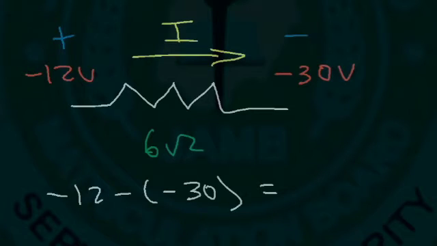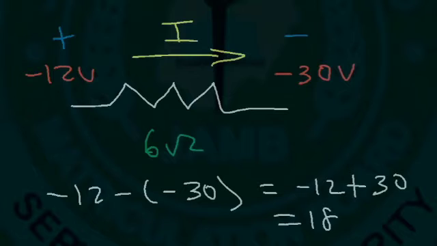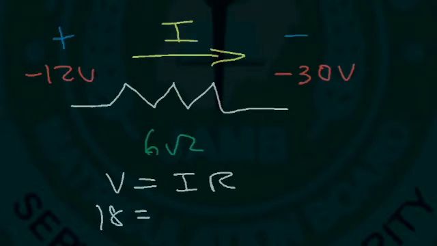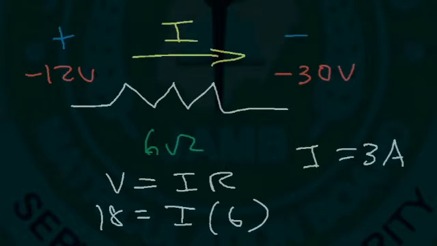Whenever you have two negative signs next to each other, it changes to a positive sign. So this is negative 12 plus 30, which is 18. So using Ohm's law, V equals IR. The change in voltage is 18. The resistance is 6. 18 divided by 6 is 3. So we have a current of 3 amps flowing to the right.